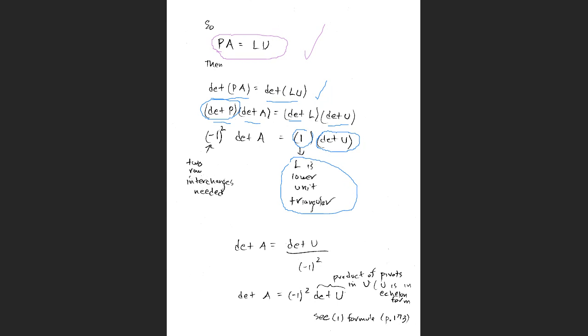And from your knowledge about rules for determinants, how do you get the matrix P? Well, you're doing row interchanges, right? So we did two row interchanges. So the determinant is going to be... I want to be a little bit careful here. One moment. Let me just make sure one thing.